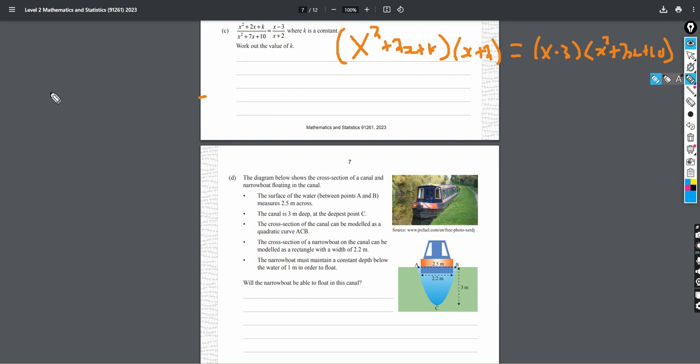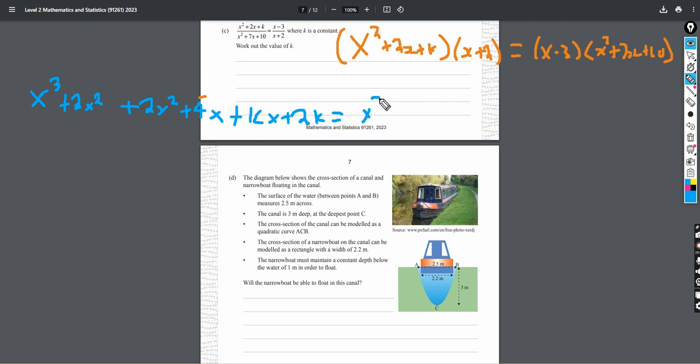If we expand all of that, we're going to get x cubed plus 2x squared plus 2x squared plus 4x plus kx plus 2k.